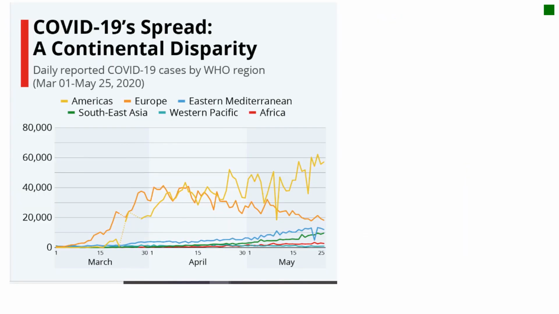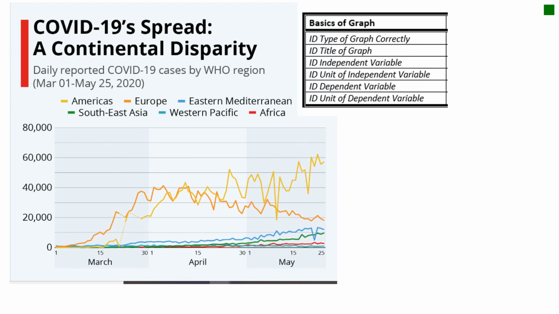Ladies and gentlemen, here it is, our last graph to walk and talk through. Before I provide answers, I'd like for you to do all the parts that were reviewed during this PowerPoint. Using the graph that you see, be able to identify the basics of the graph.